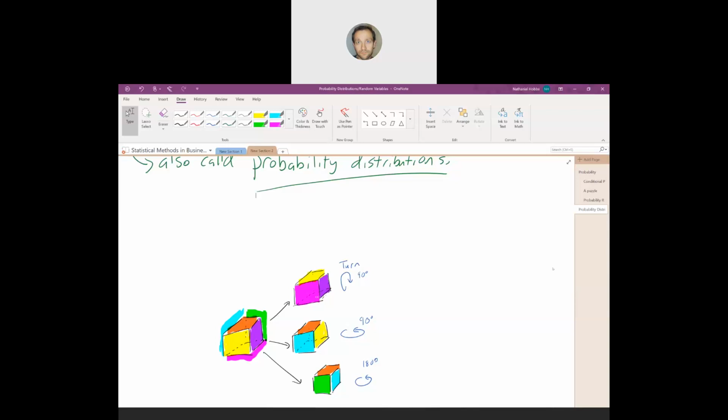This is an object, a cube, and this cube has colors. What I'm trying to show in this diagram is what the cube looks like. I can't show you a cube in 3D. So here I drew a cube, and these colors along the edges are the color of the sides that you can't see.